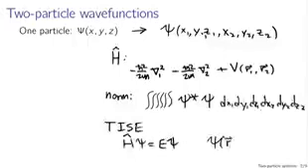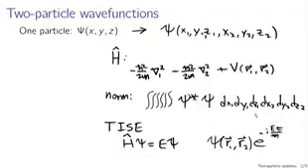Our wave function now is a function of the positions of two particles, if I represent them as vectors r1 and r2, as the spatial part, the solution to the time-independent Schrödinger equation, and the time dependence looks very much the same, e to the minus i E t over h bar, the same sort of expression as we got before. So adding multiple particles adds a great deal of complexity to the spatial part of the wave function, but if we have a stationary state, the temporal evolution is as simple as it was before.